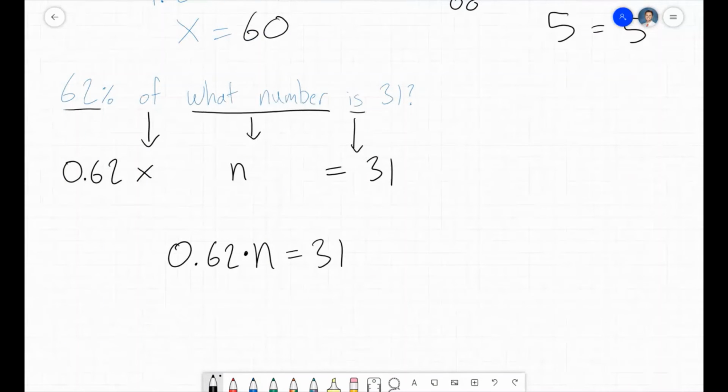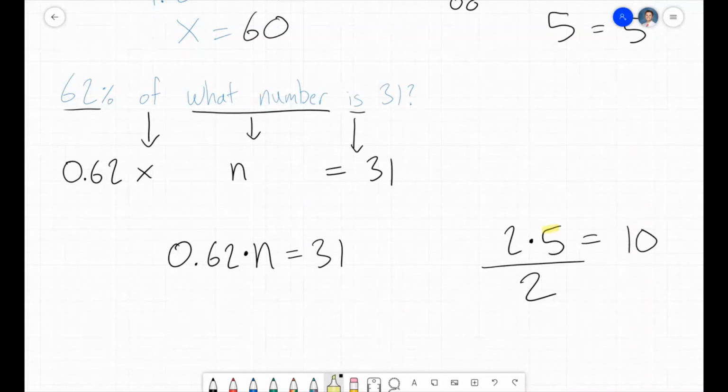Let's say I have 2 times 5 equals 10, right? Now, if I take 2 times 5 and then divide that by 2, it's going to leave me with just 5, this number here, because 2 times 5 is 10, and 10 divided by 2 is 5.